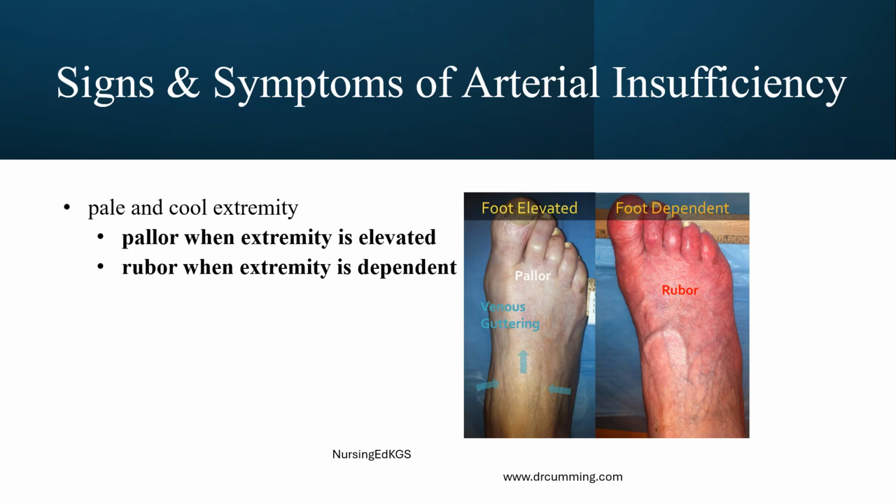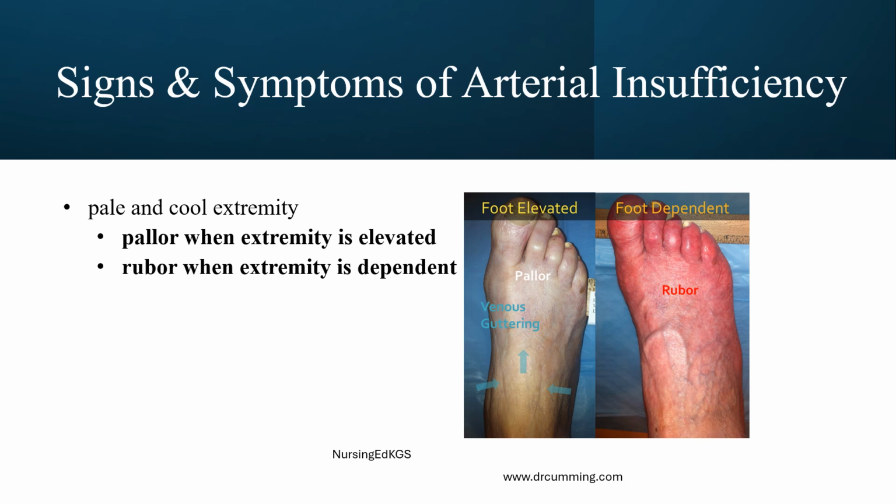Now, in arterial insufficiency, what you'll find is that the extremity that is affected is often pale and cool. In addition, you'll find that there's pallor when the extremity is elevated. And this is because gravity makes it harder for that already compromised artery to deliver blood flow to the tissues.